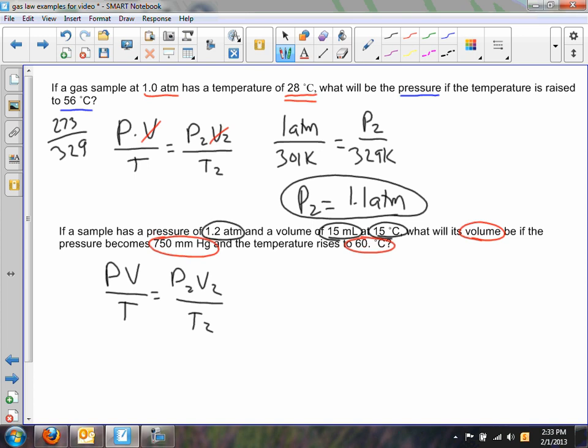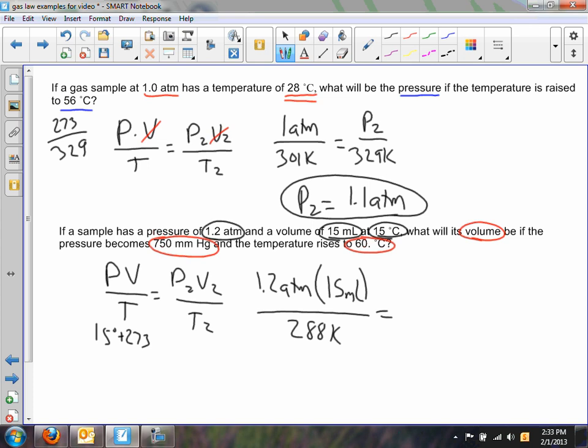My original pressure was 1.2 atmospheres. My original volume was 15 milliliters. And my original temperature was 15 degrees Celsius. But you need to add 273, so that becomes 288 Kelvin.